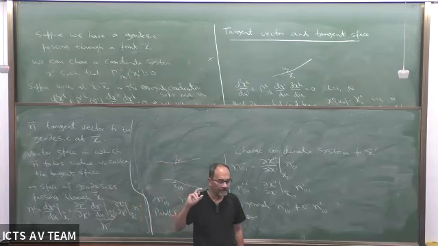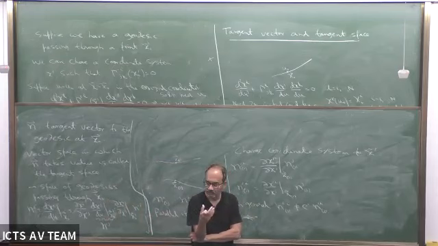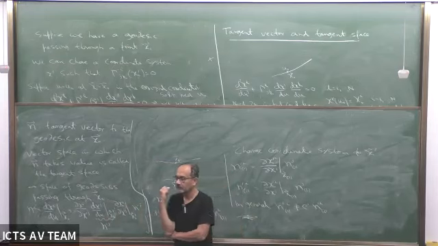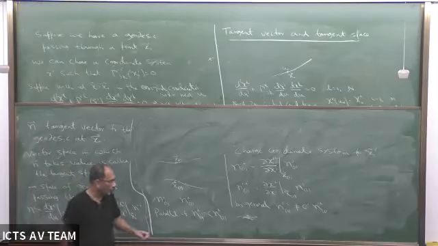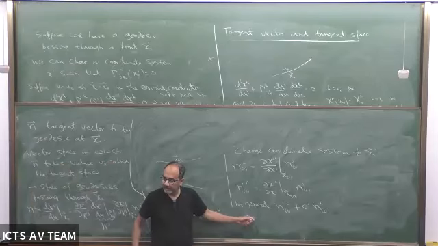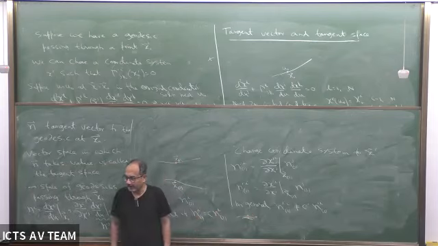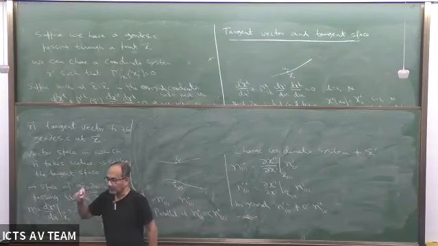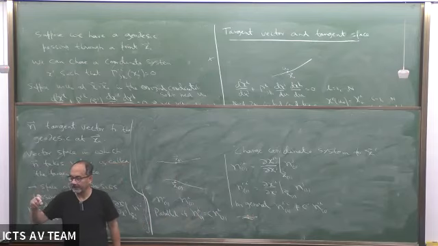Is that clear? That will be our definition of what we mean by parallel, as long as they are close by. So I'm now defining the notion of parallelism between two geodesics which are close by.